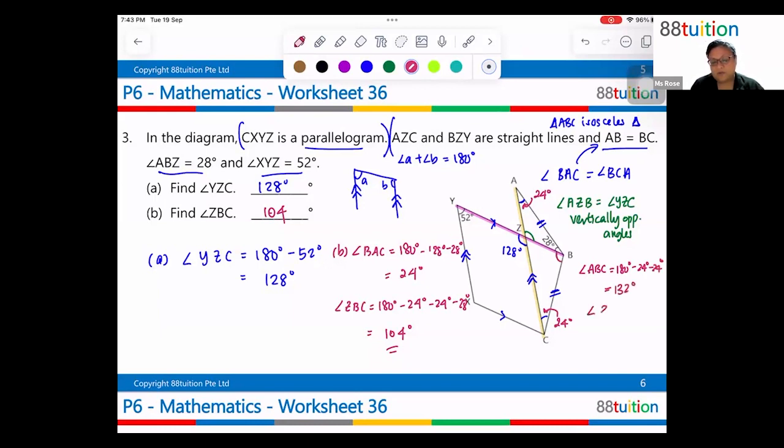But because you want to find angle ZBC, just take 132 minus the 28 degrees to give me 104. So either way, you will arrive at the same answer. Take note, depending on what property you are using to solve the question. Is that okay?